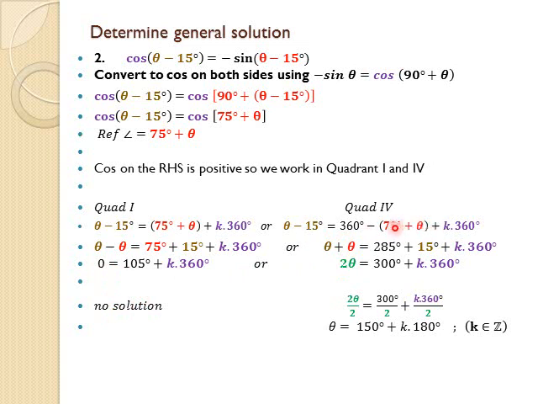This side here, negative theta, take it across, plus theta. 360 minus 75 gives me 285. Take 15 over, becomes plus 15, k times 360. 285 plus 15 gives me 300. Theta plus theta gives me 2 theta, plus k times 360. So 2 theta divided by 2, 300 divided by 2, because I want theta on its own, gives me 150 plus k times 180.